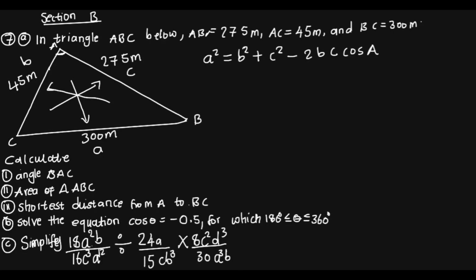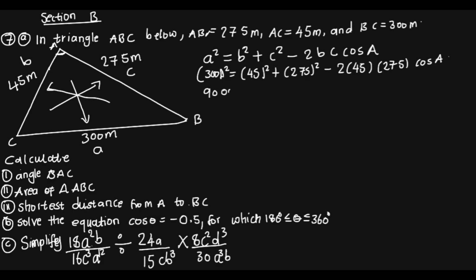So let's begin. The value of a is 300 meters. We can just forget the meter for now. 300 squared, then our b is 45 squared plus 275 squared minus 2 times 45 times 275 cos A. So 300 squared is 300 times 300, giving us 90,000.